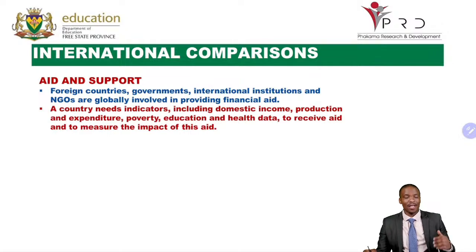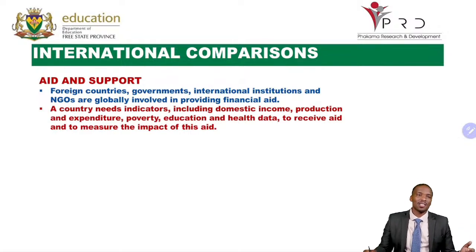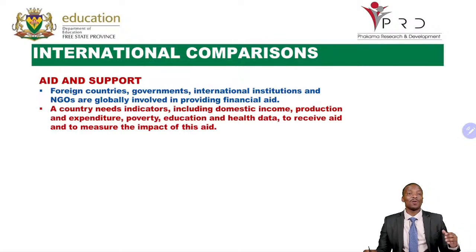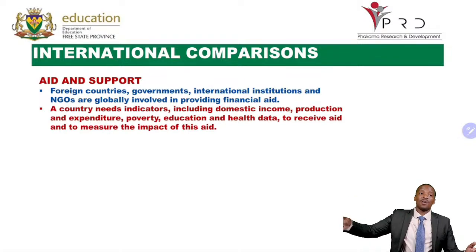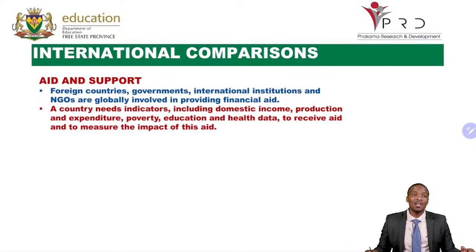So how do they see that? Through indicators. I will also make reference to COVID-19, where we said the rich countries or those who can get access to vaccines should also help the poor or developing countries. But how would they know the quantity of vaccine to supply? It is through these indicators, the issue of demographics.